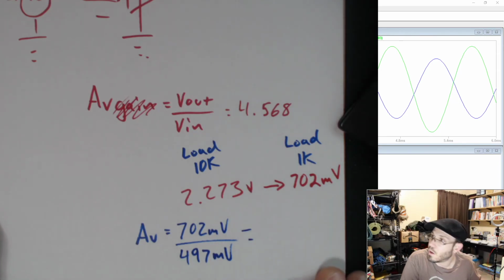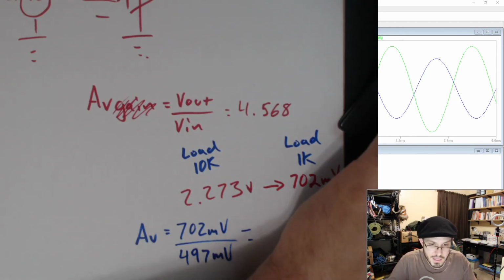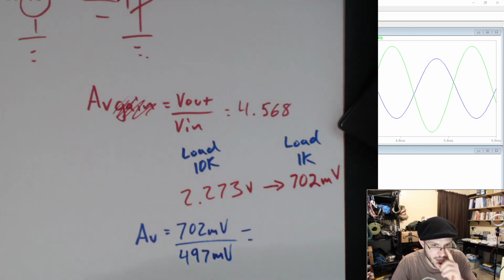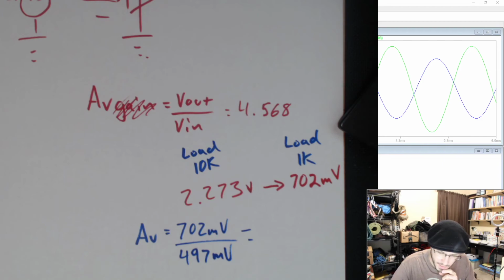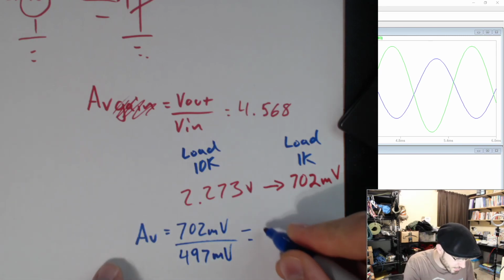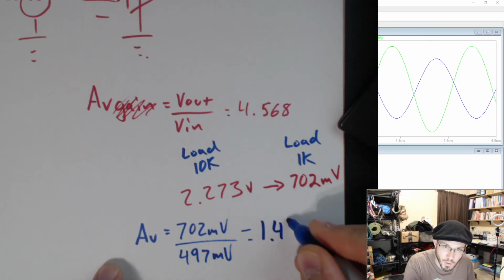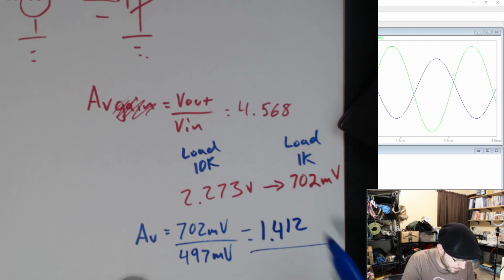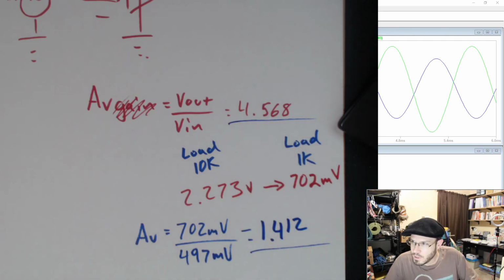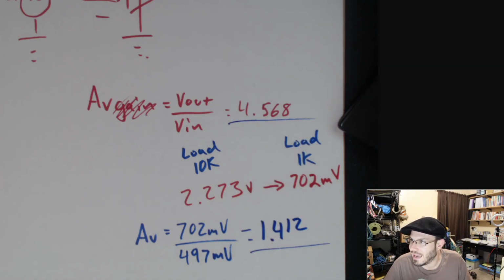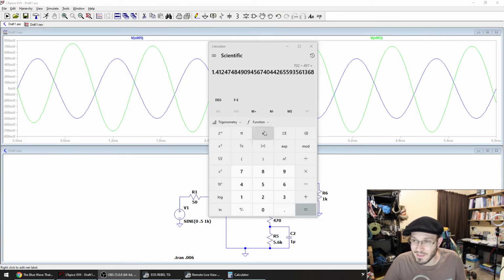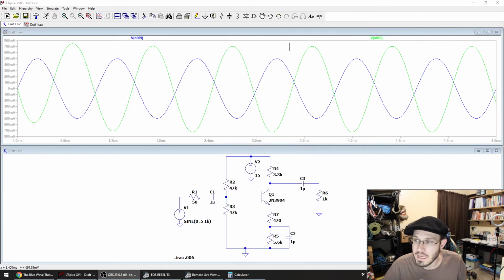And so when you calculate the gain now, 702 divided by 497 gives us a gain of 1.412.